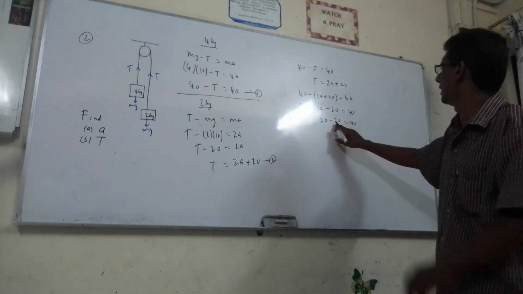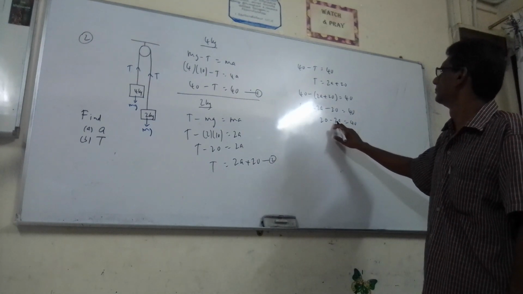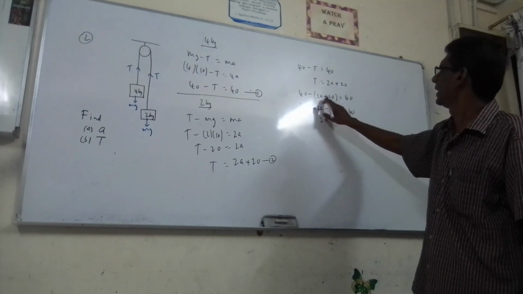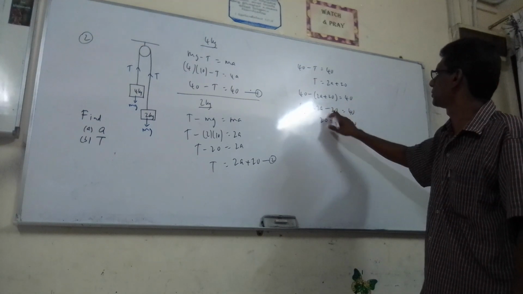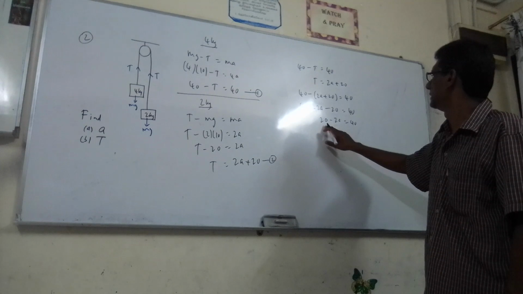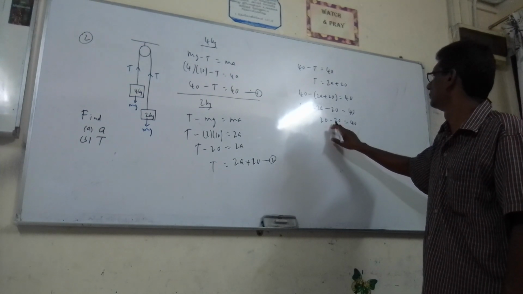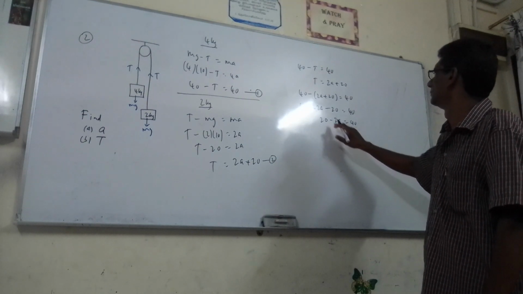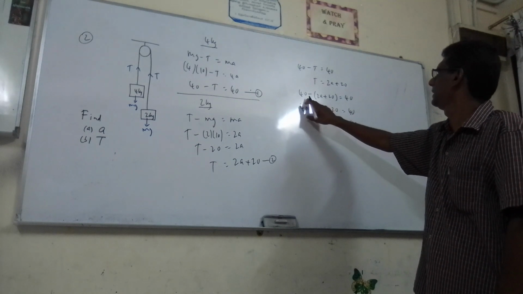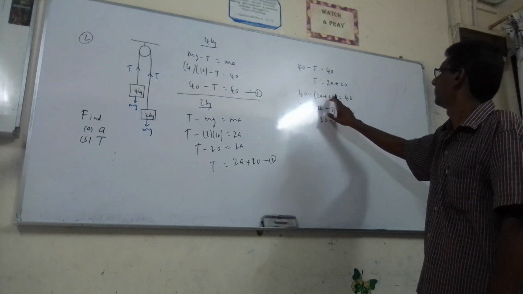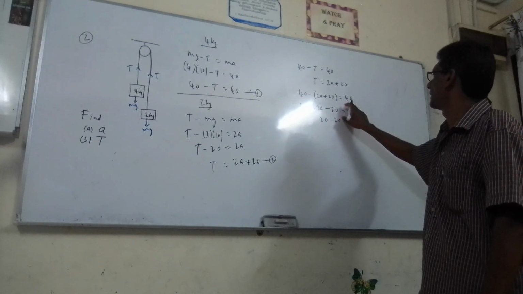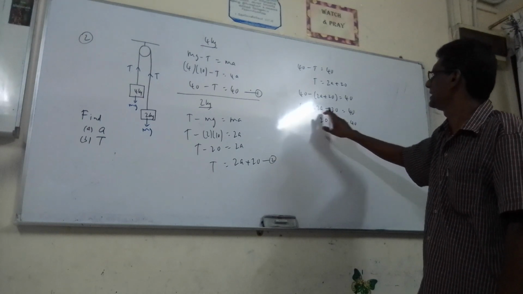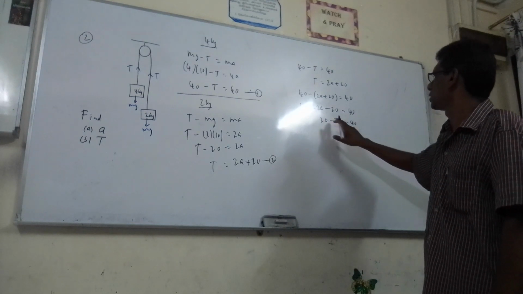Let me work the algebra again. 40 minus 2a minus 20, so 40 minus 20 is 20, minus 2a.